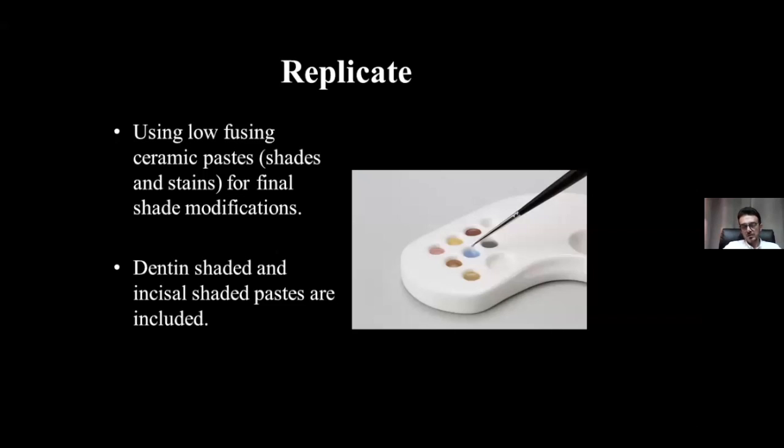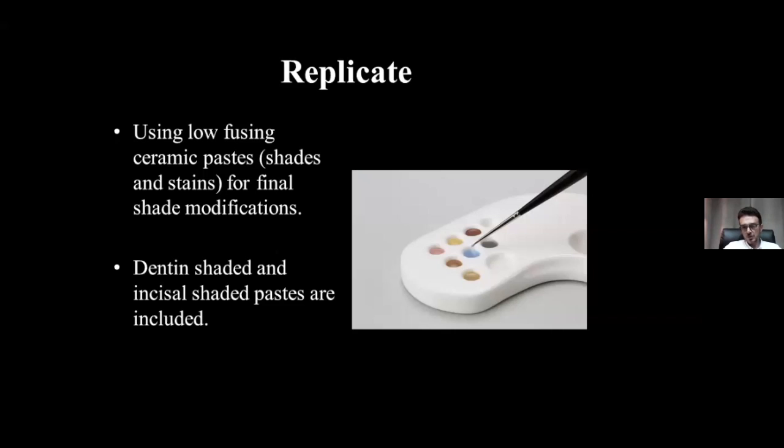The 3D luster pastes are low fusing porcelain powders that are shaded, and when you place them on the restoration, you can see the final result even before sintering or firing in the porcelain furnace. On the contrary, the stains you use regularly on restorations don't produce their final color except after oxidation, because they are actually pigments and metal oxides.